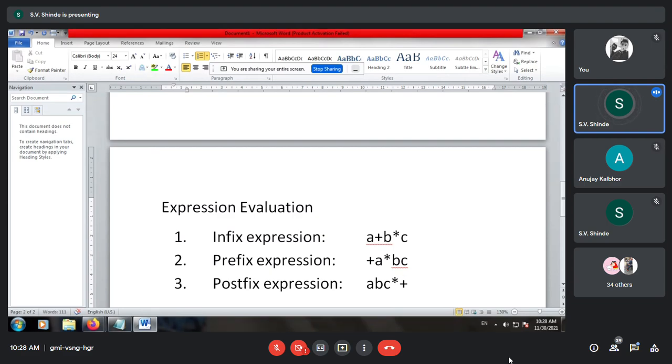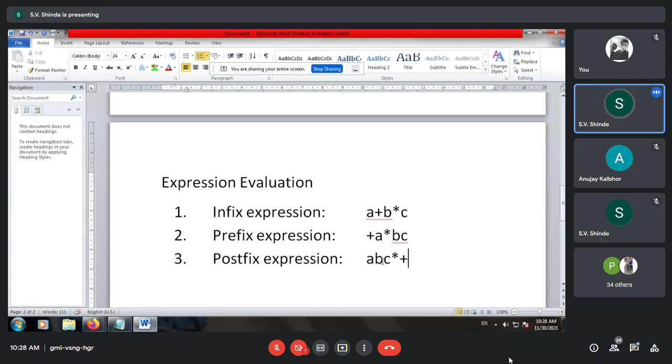This expression will evaluate to the postfix expression. Now if you put some parentheses in it, then it will give priority, and the expression will have different formulas. Infix, prefix and postfix expressions can be different.